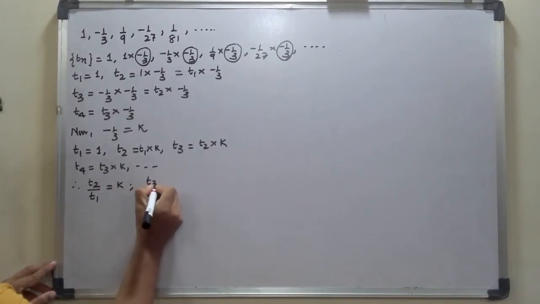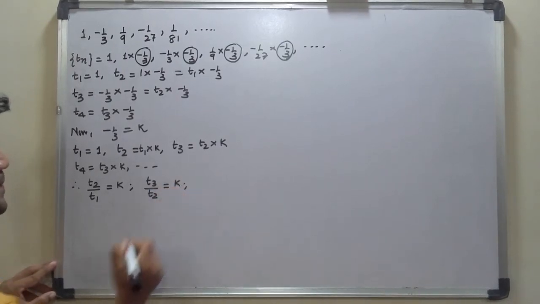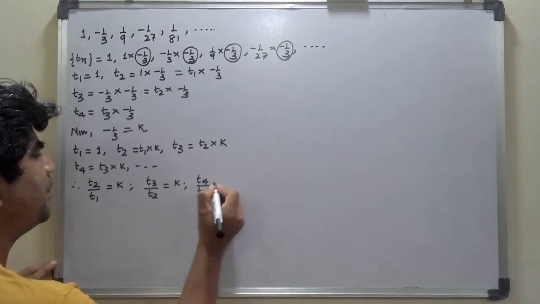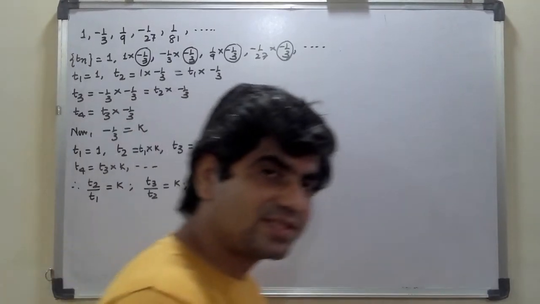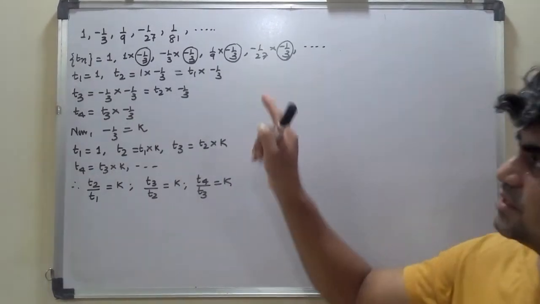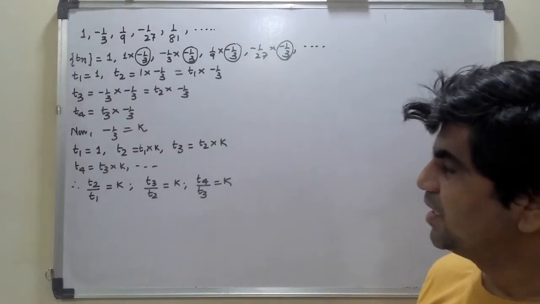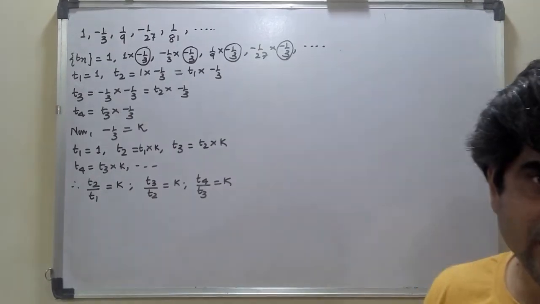Similarly, T3 by T2 is your K. Similarly, T4 by T3 is K. Means I have got a sequence such that the ratio of any term to its previous term is constant.